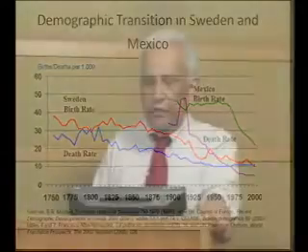Now if you look at the demographic transition, as I said, it has occurred at a different pace in different countries. Some countries could achieve it in 3 stages, some in 5 stages. Here are 2 examples. One is Sweden. It has taken Sweden a pretty long time to go through the demographic transition. Sweden is perhaps the only country which has kept data for many, many centuries of births and deaths.